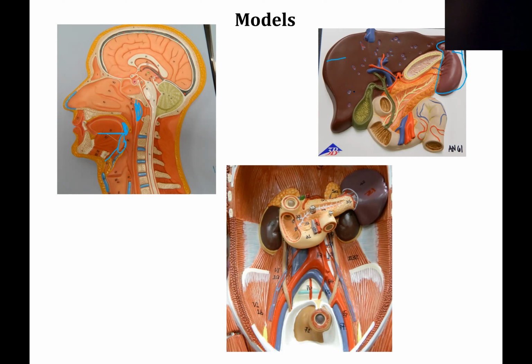You can see the liver, gallbladder, pancreas, and part of the duodenum. Again, the spleen next to the pancreas, duodenum. You can see a kidney behind it and an adrenal gland. So we don't have models at this time for the thymus or the lymph nodes, but we do have models for the rest.